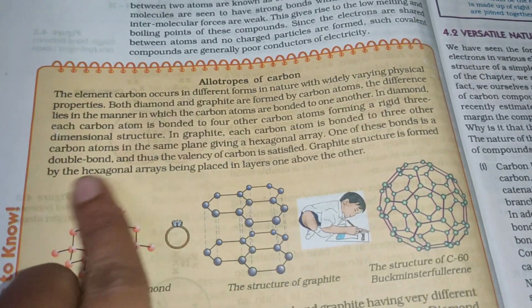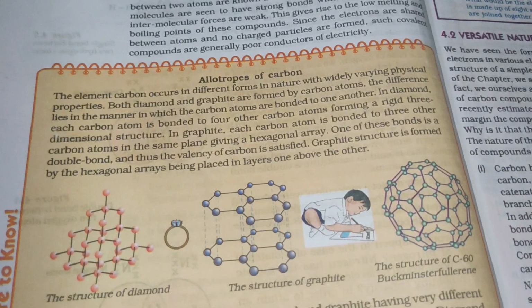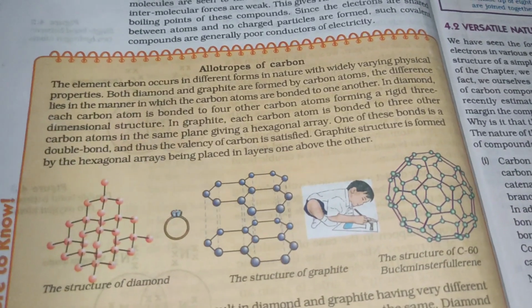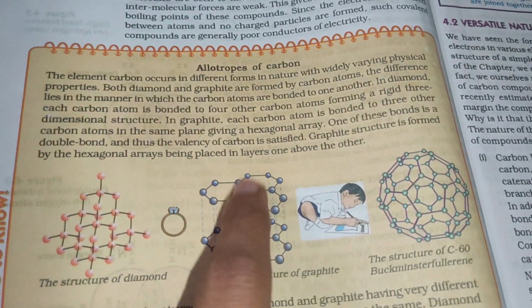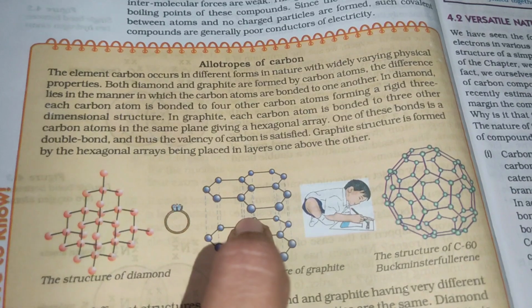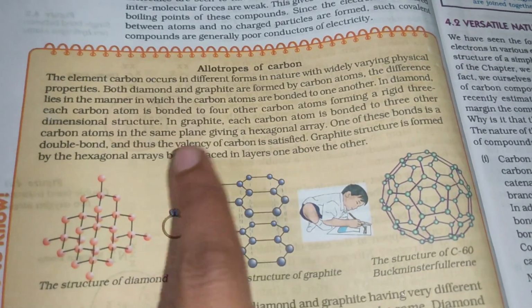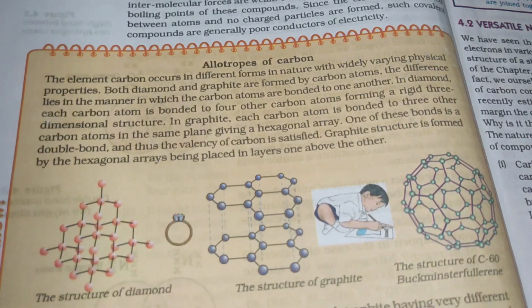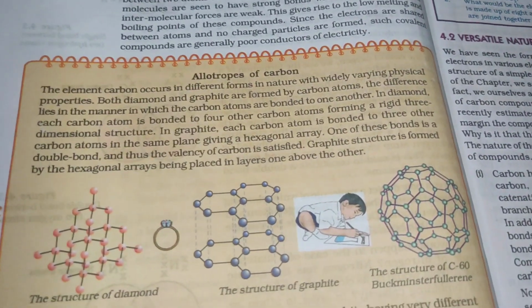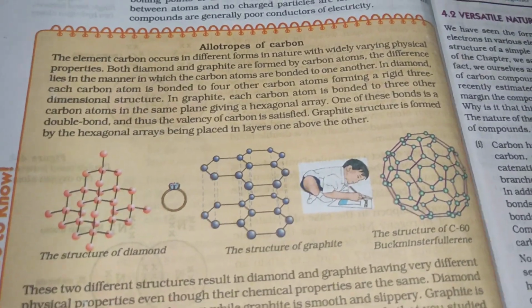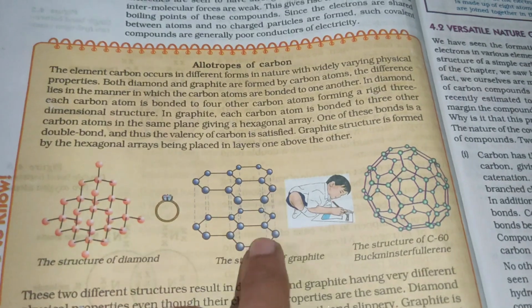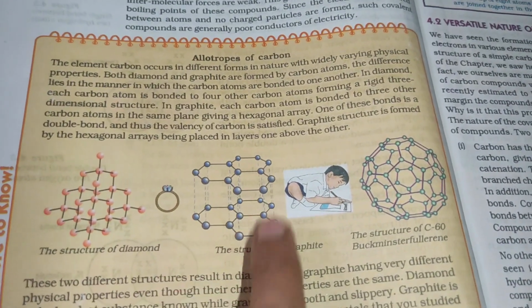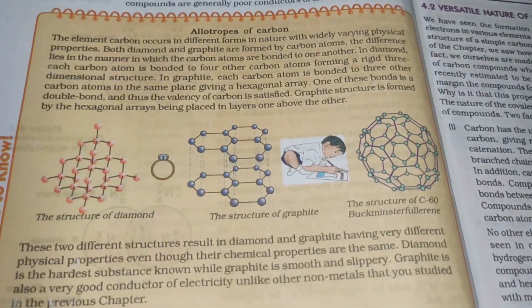So one of these bonds is a double bond. Because carbon has valency 4 and it is bonded to 3 carbon atoms, one bond is a double bond to make it 4. The graphite structure is formed by the hexagonal arrays being placed in layers, one above the other.